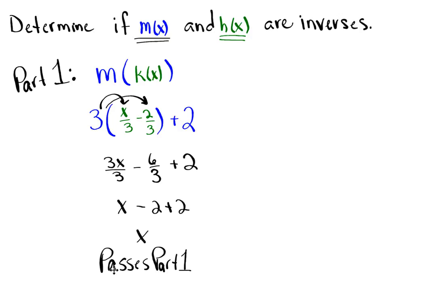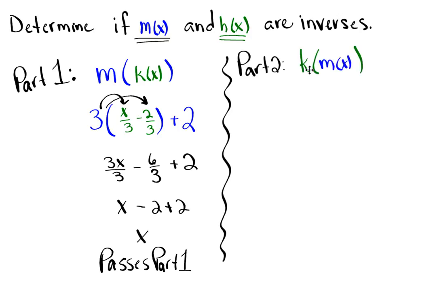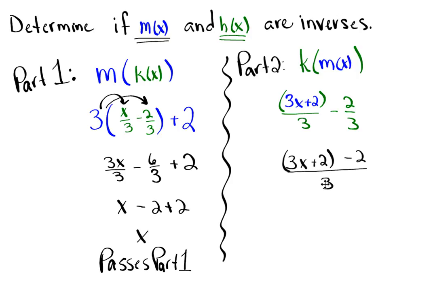Now I got to check for part 2. And remember, part 2 is looking at the composition the other way around. So in this case, we're going to look at k of m of x. So I write it out with my composition going on. And y'all are going to look at this and go, oh God, Mrs. Peters, I don't know how to do this. Look, they have common denominators. So that means I can write all the numerator over the common denominator.